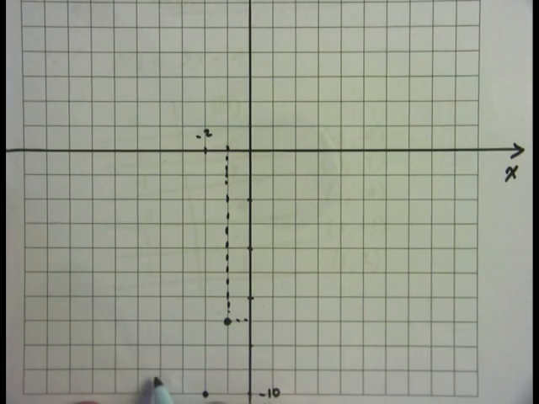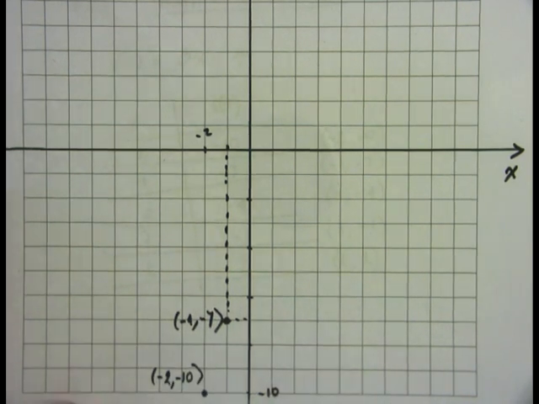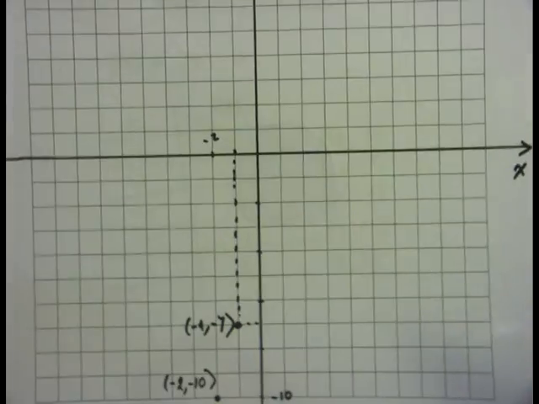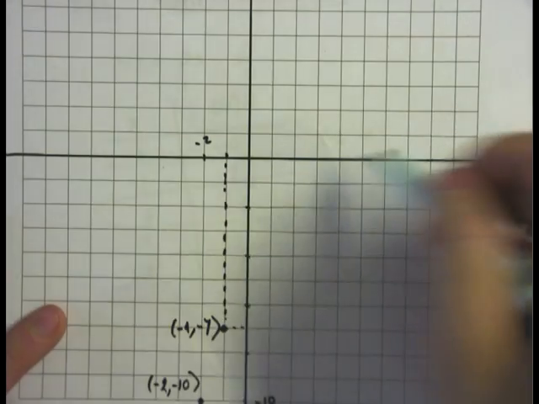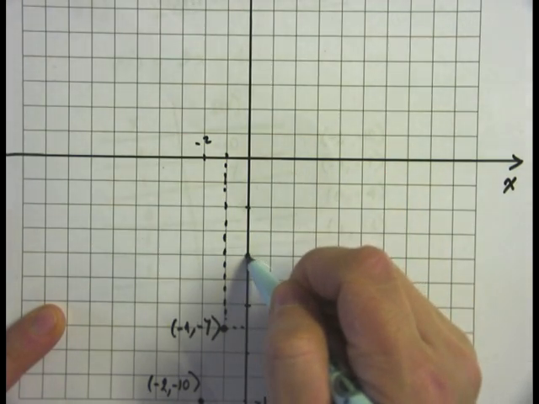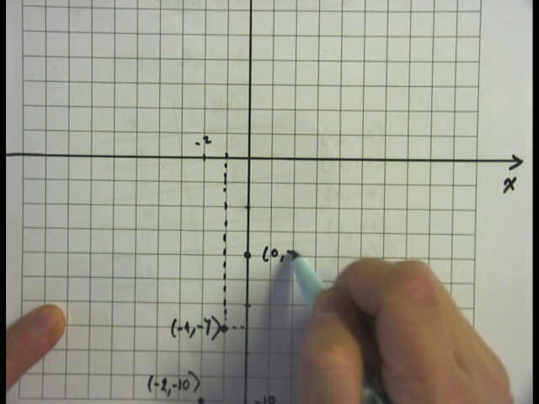The first point is -2, -10. The next point is -1, -7. The third point is 0, -4. 0 on the x-axis is right here, and -4 is right down here. So there's my point, 0, -4.